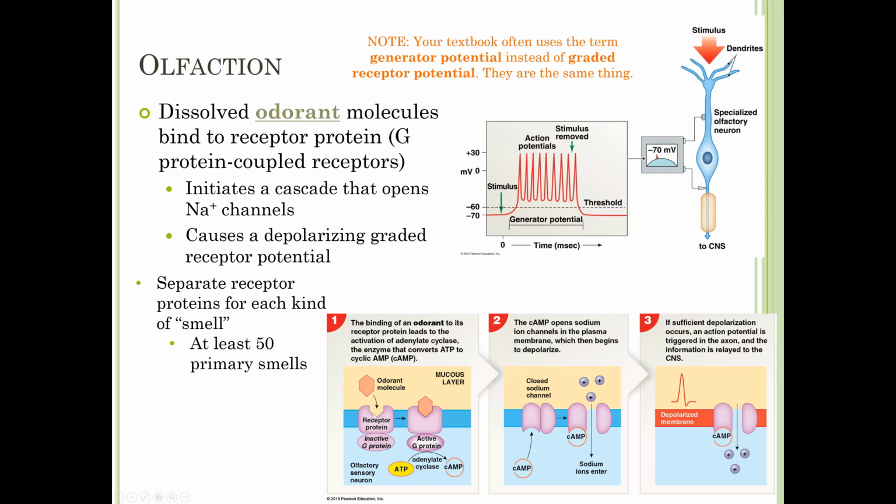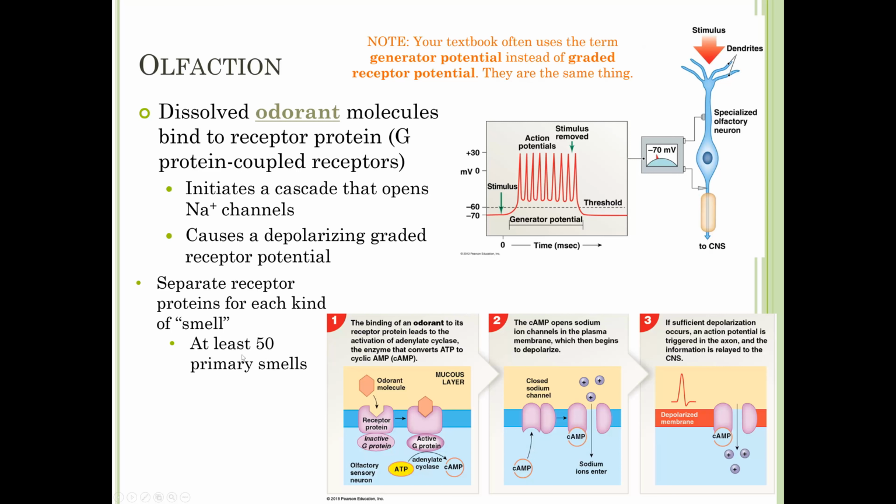Notice that as far as these little receptor proteins go, you have separate receptor proteins for each kind of smell. So each kind of odorant molecule binds to a specific different receptor protein. And we have at least 50 primary smells, which means 50 different types of these little G protein receptors.